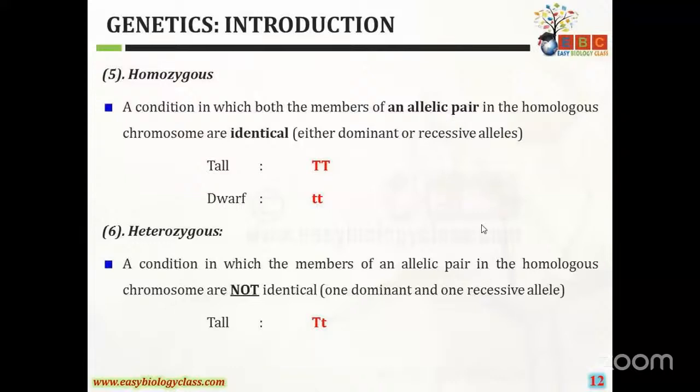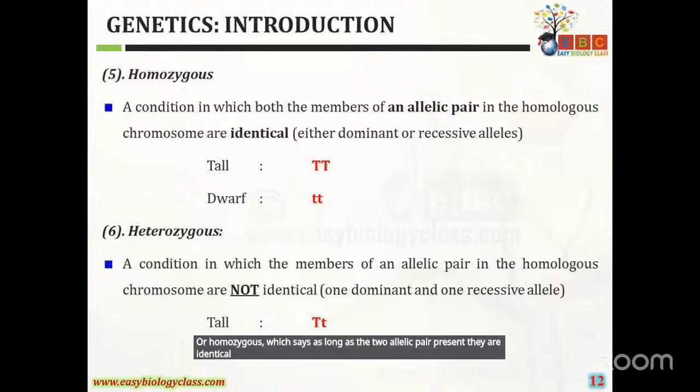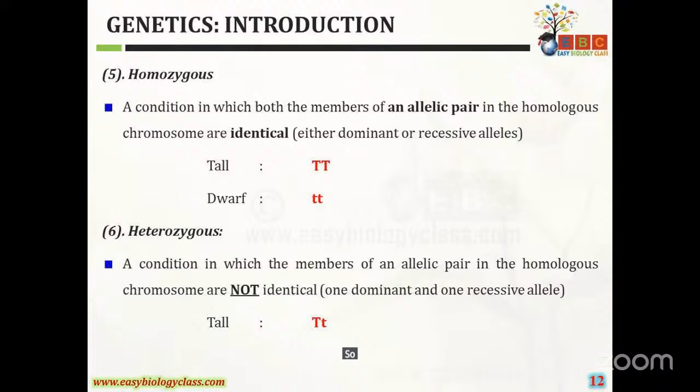So that is homozygous. We can either be homozygous dominant or homozygous recessive, as long as the two allelic pair present there are identical. Now, heterozygous is a condition in which the members of an allelic pair in the homologous chromosome are not identical. So we can have one dominant and one recessive allele.